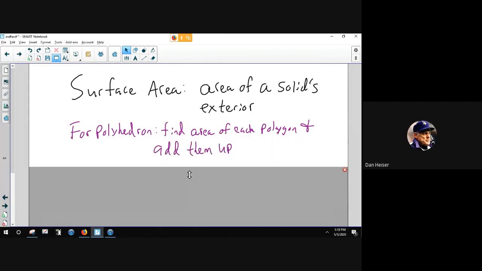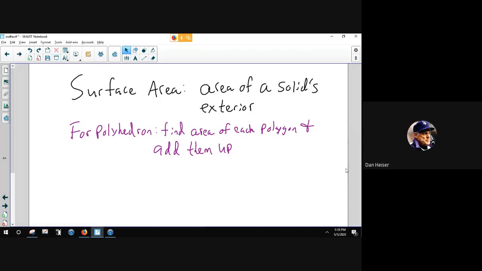For a polyhedron, the way you find the surface area is simply find the area of every single polygon and add them all up. Now, there are some other shortcuts we're going to look at, but those of you looking for one formula to solve every problem, you're going to be disappointed.